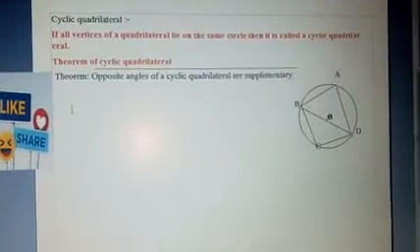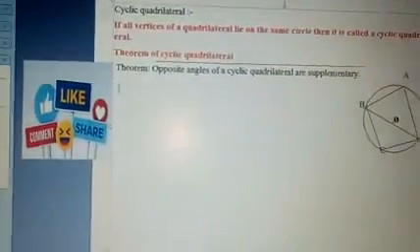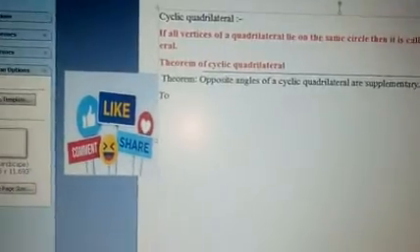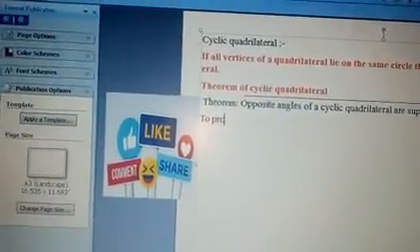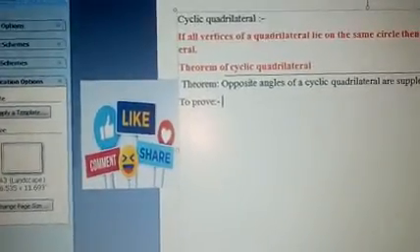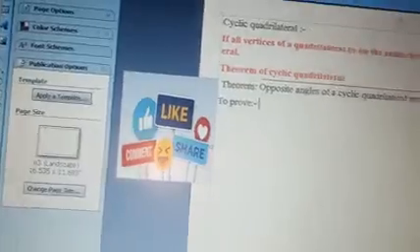First of all, we have to write what we have to prove. We have to prove that opposite angles of a quadrilateral are supplementary.